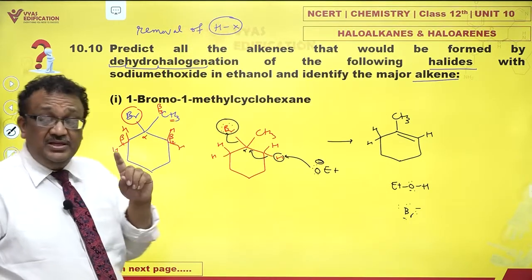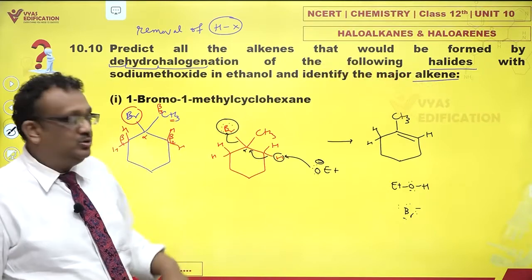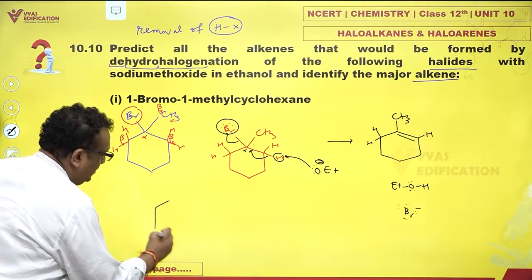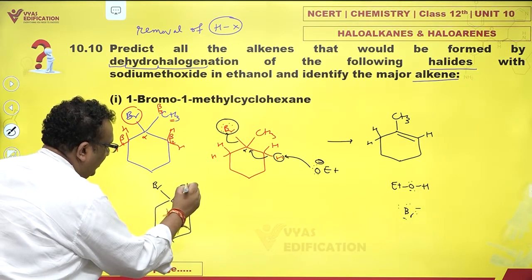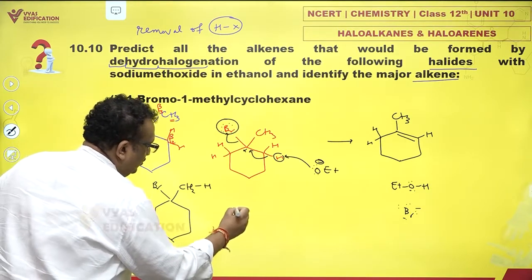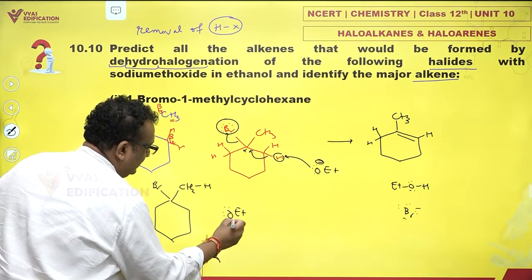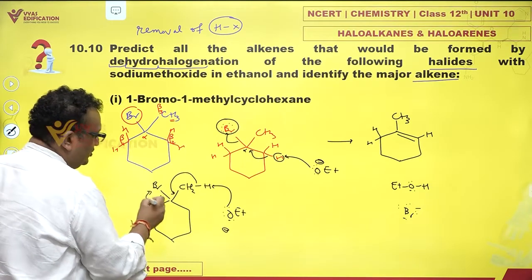Is there a minor product also? Yes. I'll show you that also. You have Br, and you have CH2 H. So I use EtO minus. Donate, jump, push out.